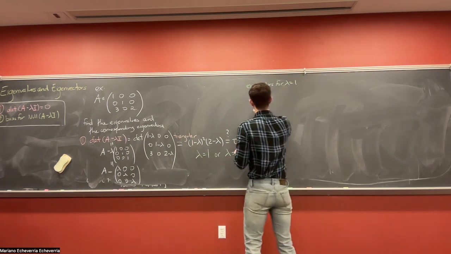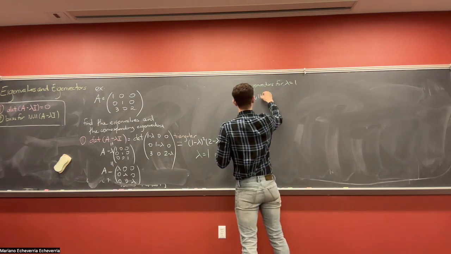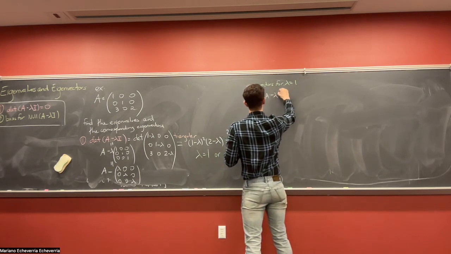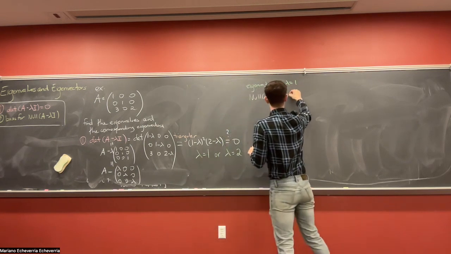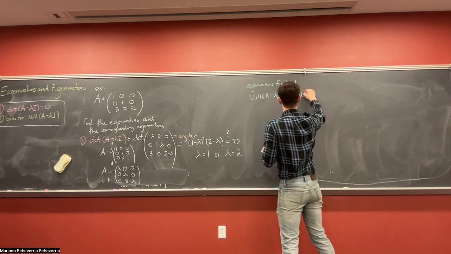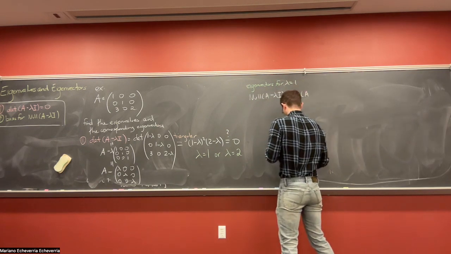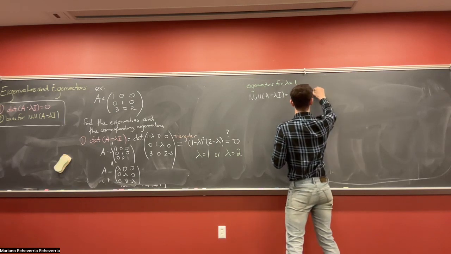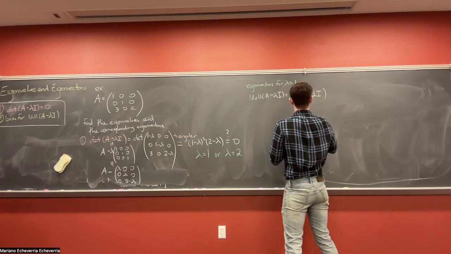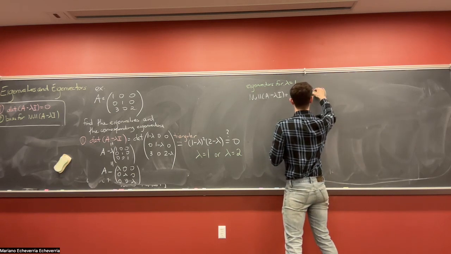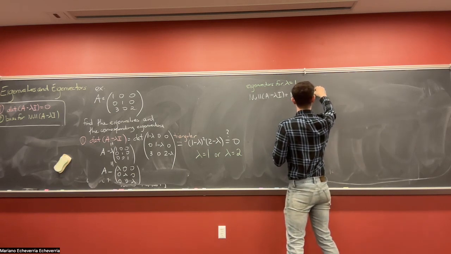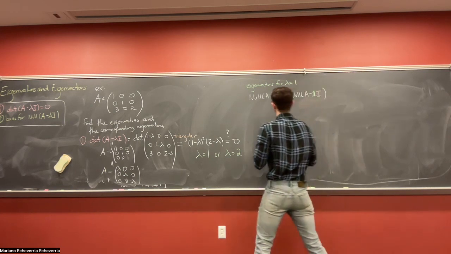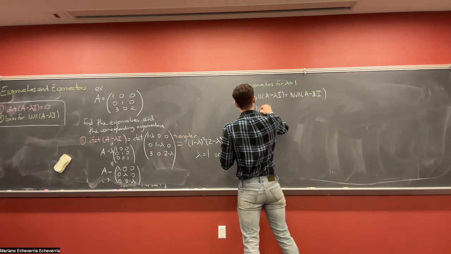Again, you have to look at the null space of A minus lambda I in general, but lambda in this case is 1, so you're looking at the null space of A minus the identity.